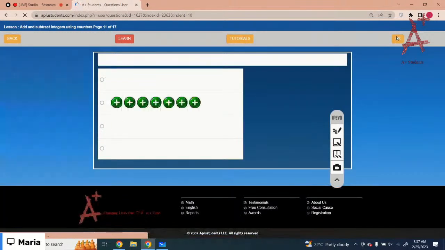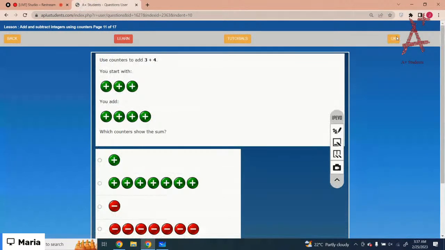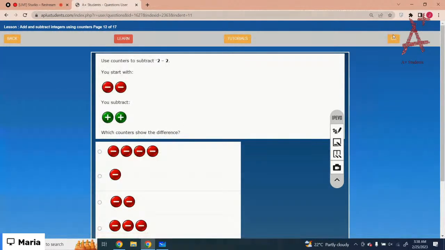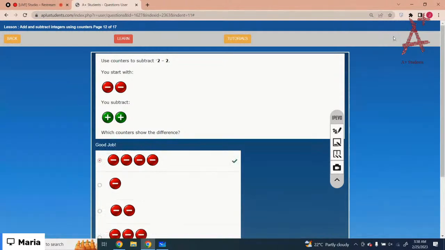Okay, the next one is 3 plus 4. So all the counters are positive. You just have to add them. So together they make 7 positive counters. Got it? Okay, the next one is -2 and -2. It would be option number 1.